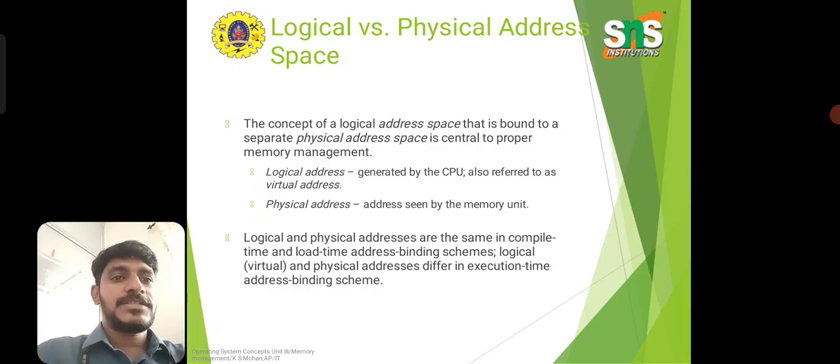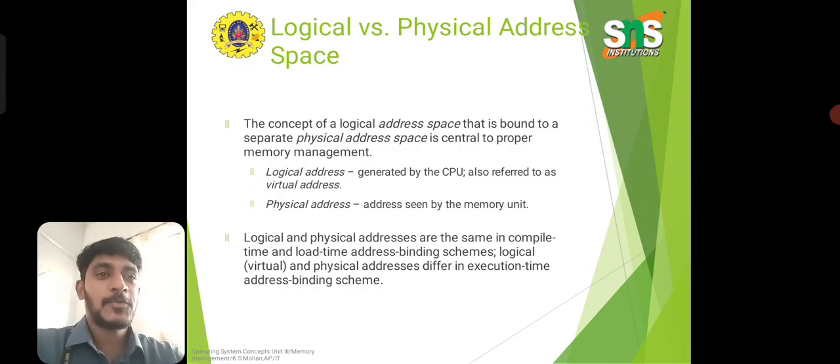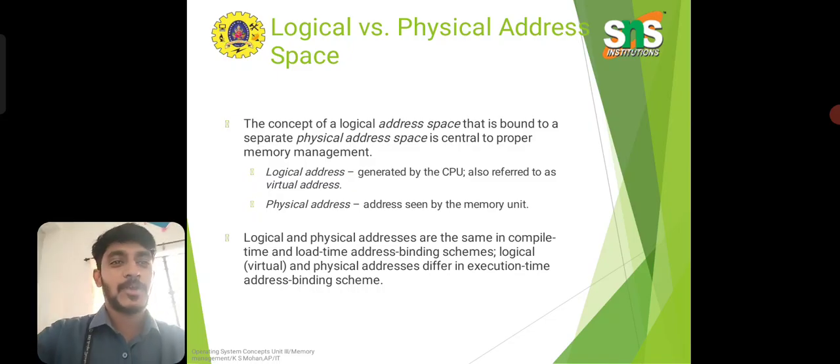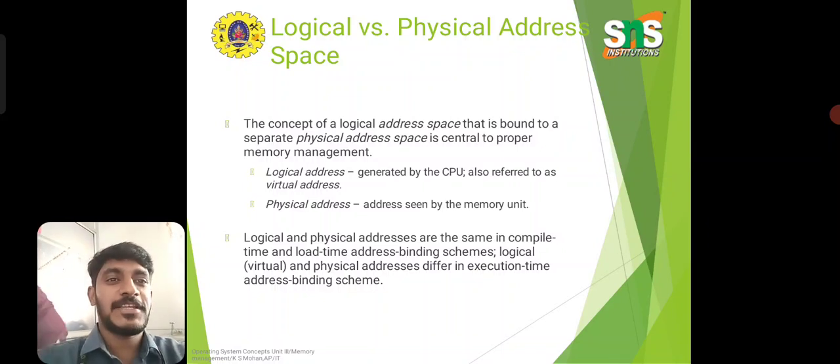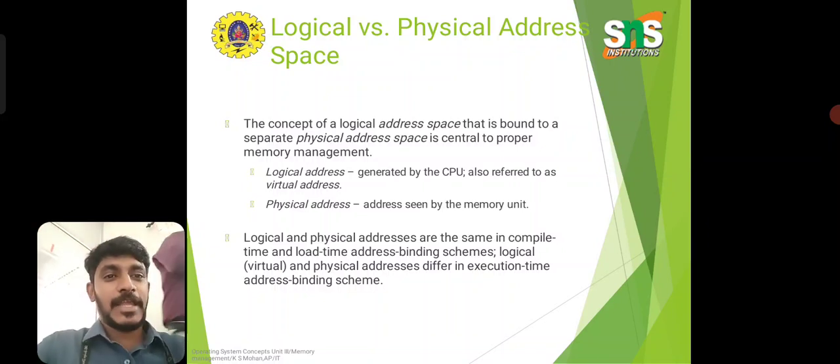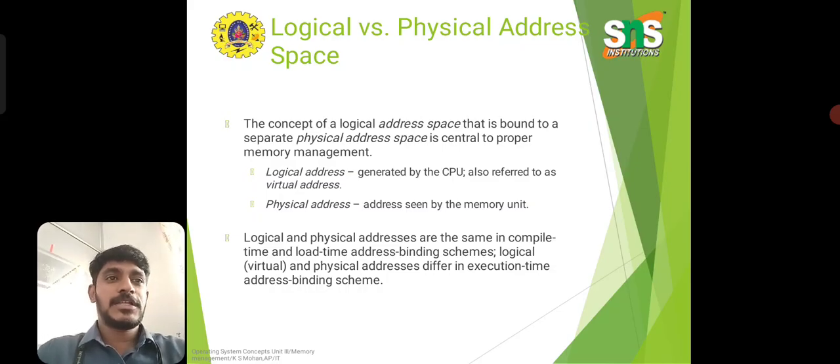Both addresses are the same in compile-time and load-time address-binding schemes, while logical (virtual) and physical addresses differ in the execution-time address-binding scheme. So this is about logical and physical address space in memory management.